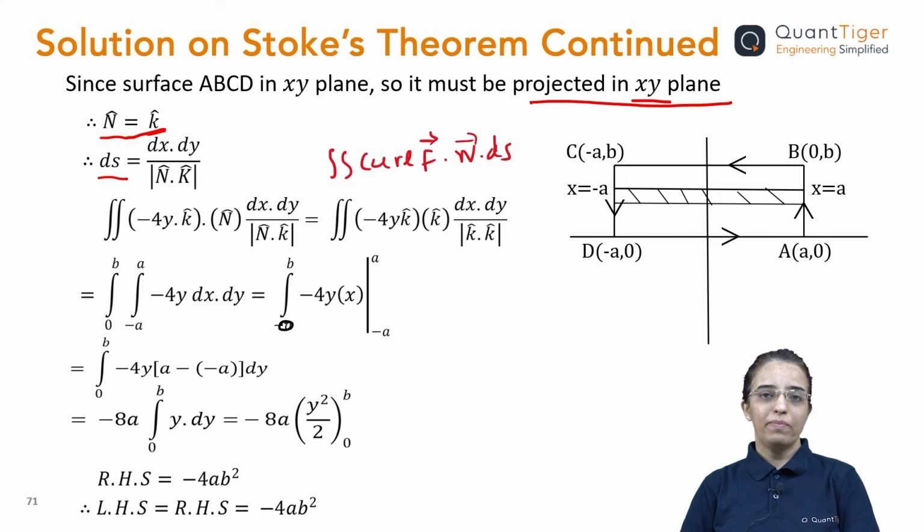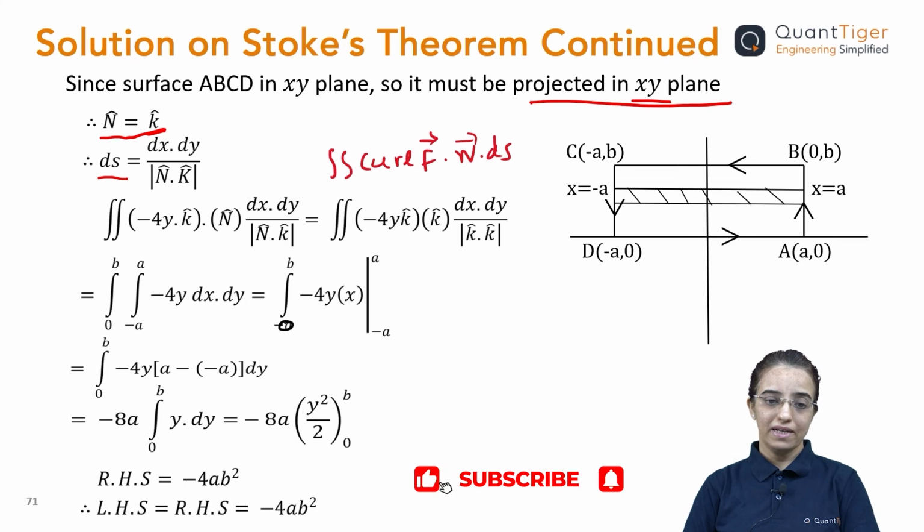Since our plane is our surface, the rectangular surface given lies above the xy plane. We have projected it in the xy plane only because it's lying in the xy plane. And whenever a surface lies in the xy plane, we take ds as dx dy upon n cap into k cap.